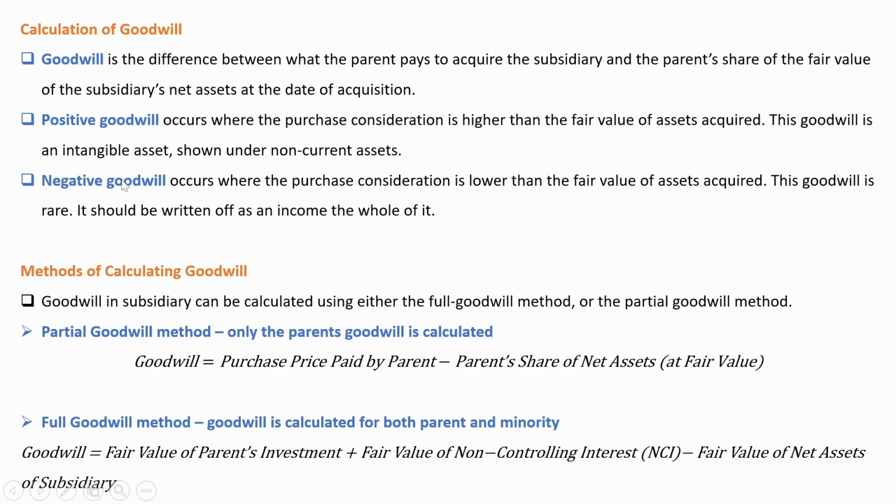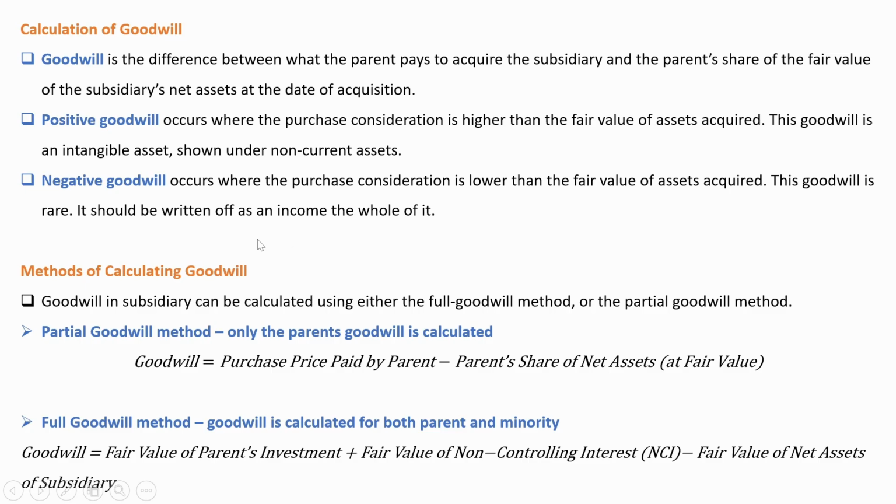Negative goodwill is the opposite. Although this one is quite rare, it means that the purchase consideration is lower than the fair value of assets acquired. If we get a negative goodwill, we cannot call it an intangible asset. It is the same thing as a discount because you pay less than the value of what you are getting.